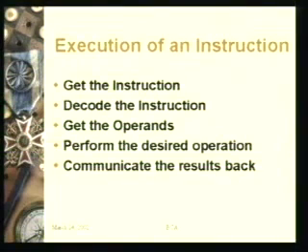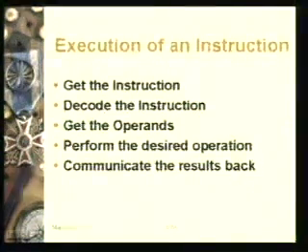But how does a computer execute these instructions? Well, it's a five-step process which includes: get the instruction, decode the instruction, get the operands, perform the desired operation, and communicate the results back.